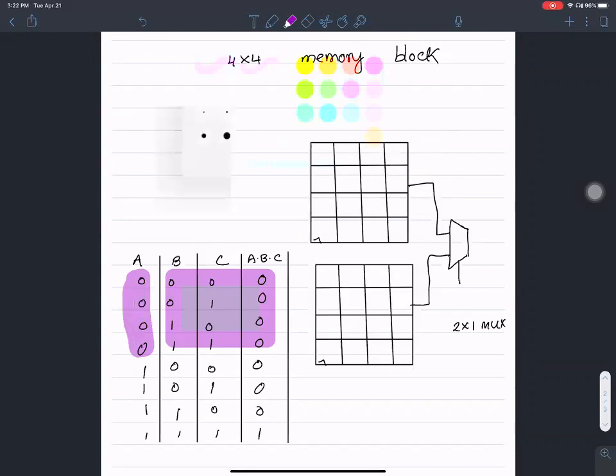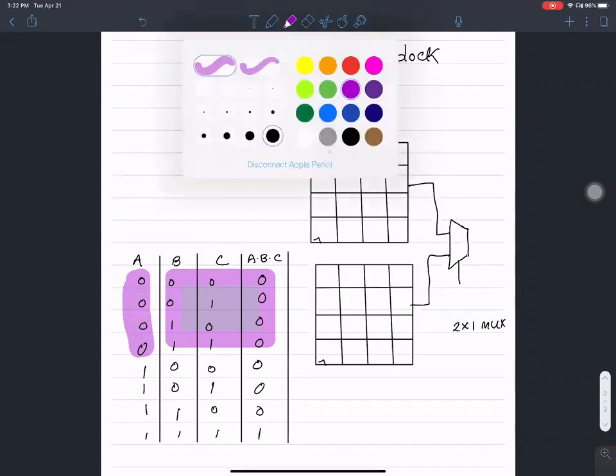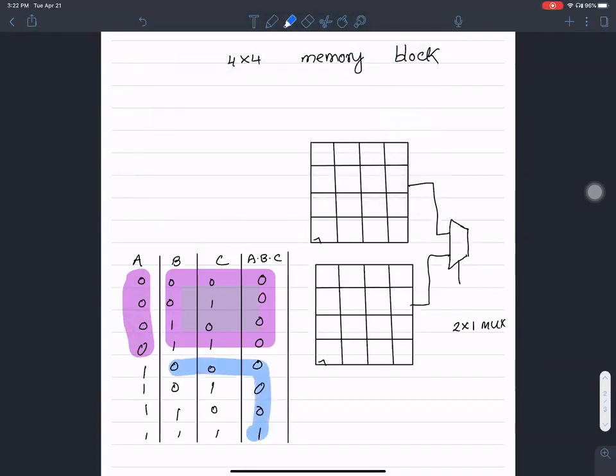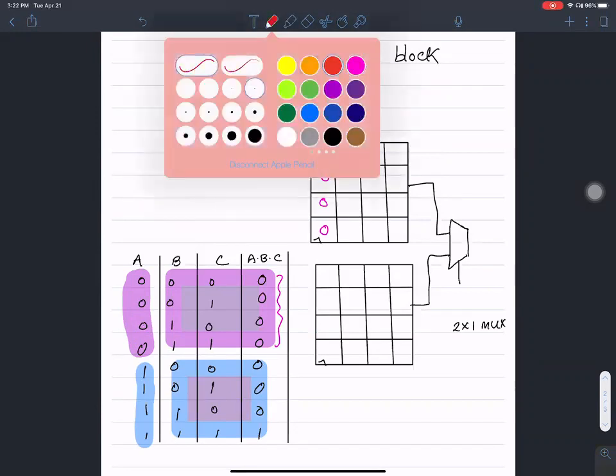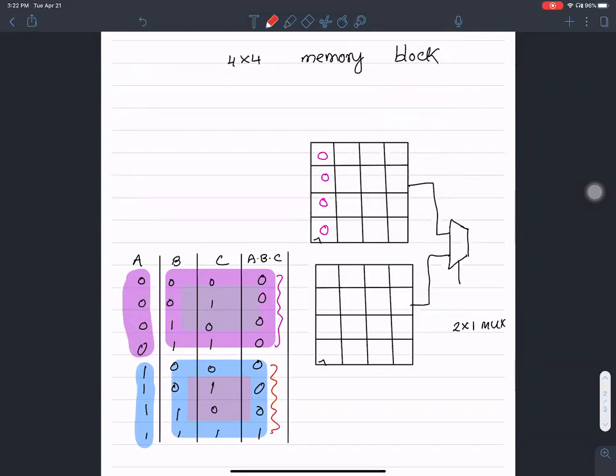And then I'm going to look at the next half, which corresponds to an A value of 1. So the way I'm going to use this truth table is to write this part of the output into the memory block over there. And I'm going to write this block of the memory output 0001 into the memory here.